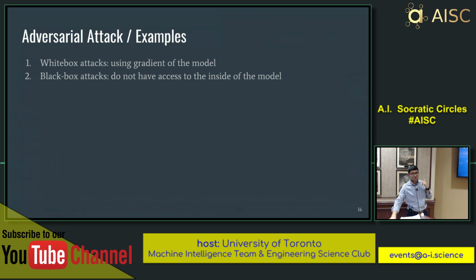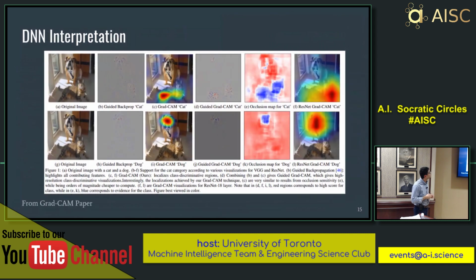Sorry, if you go back to the previous slide. Sure. What are you comparing with what? I'm just looking at the heat maps that the different methods found. You can see that guided backpropagation for cat is looking at the dog as well. But when you filter it with GradCAM, it's just looking at the cat.